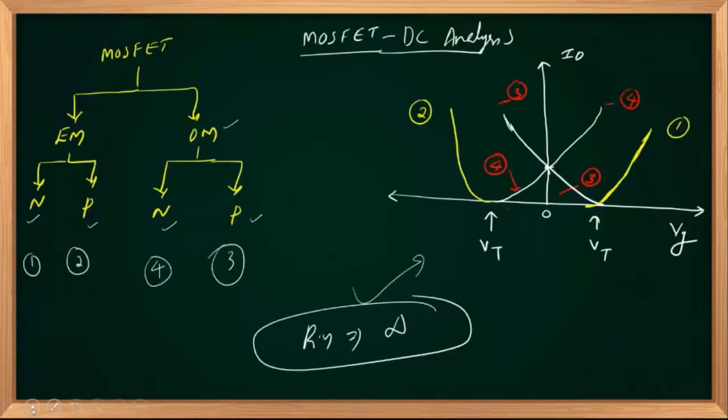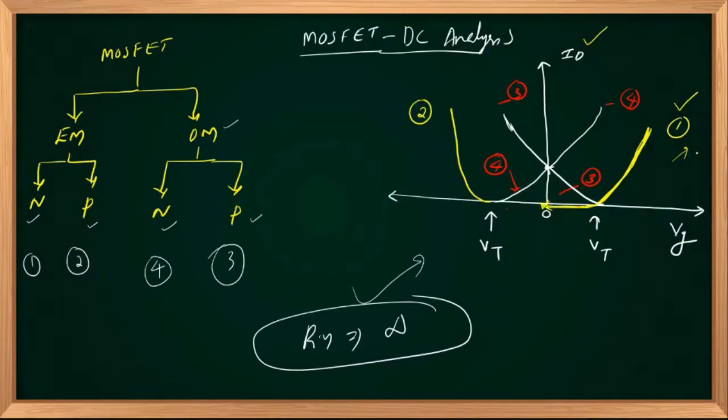Similarly, we derived ID versus VG characteristics of all 4 categories of the devices. Number 1 indicates a device with enhancement mode characteristics only, because there is no current when gate voltage is 0 in the case of curve number 1. When Vg equals 0, current is 0 for curve number 1.